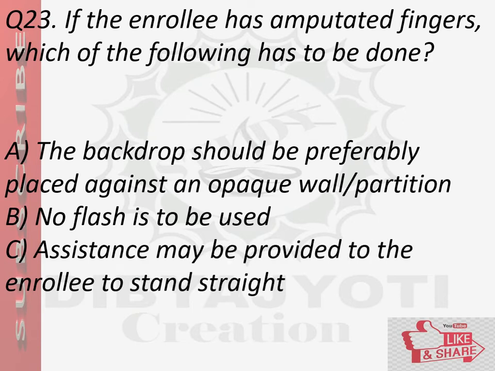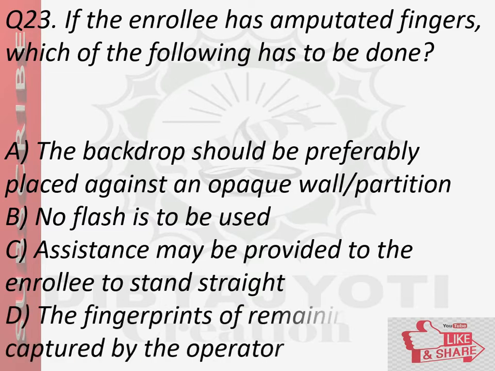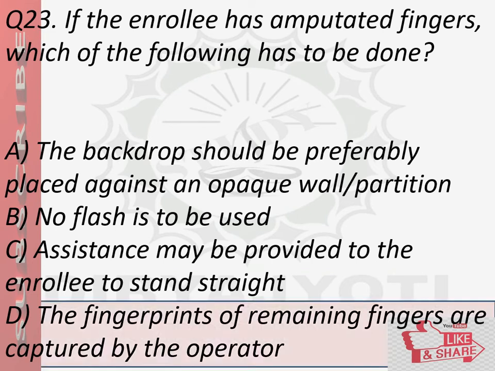Option C, assistance may be provided to the enrollee to stand straight. Option D, the fingerprints of remaining fingers are captured by the operator, and the answer is option D, the fingerprints of remaining fingers are captured by the operator.